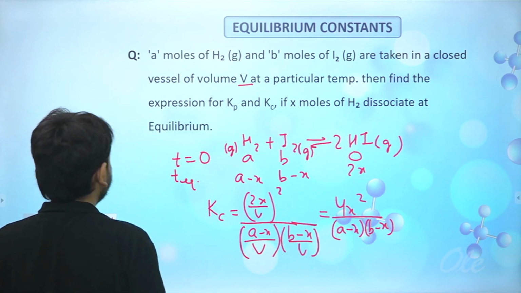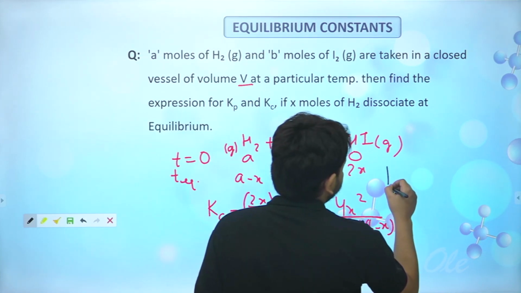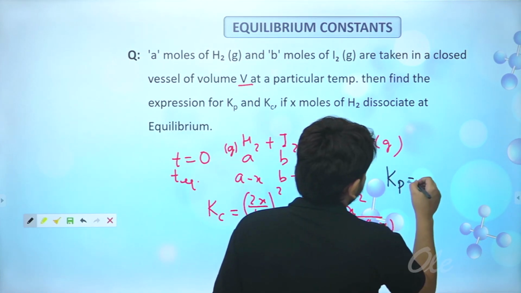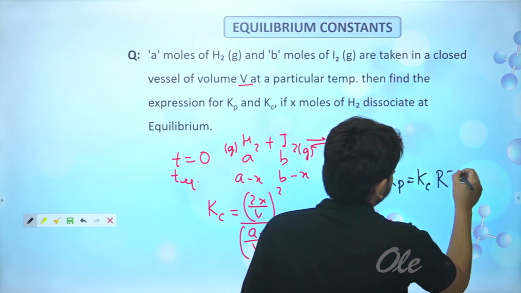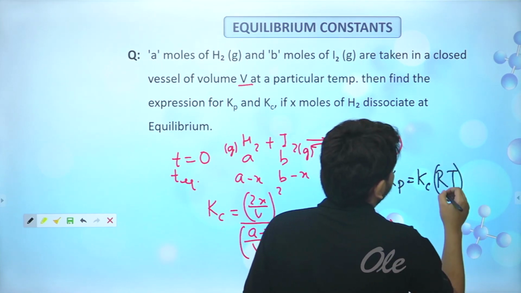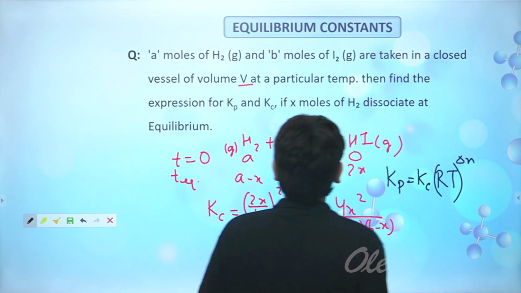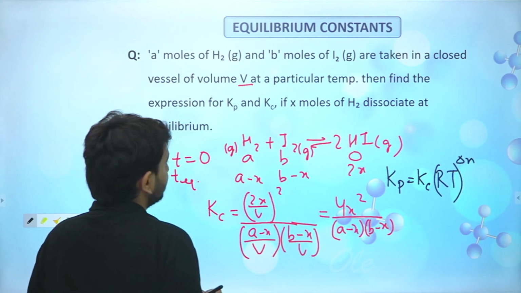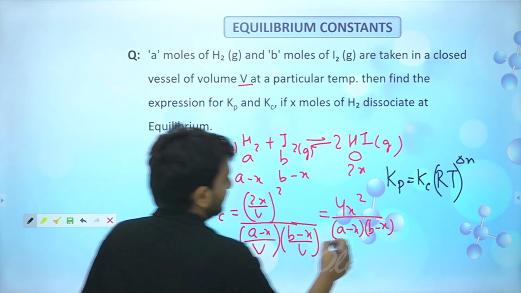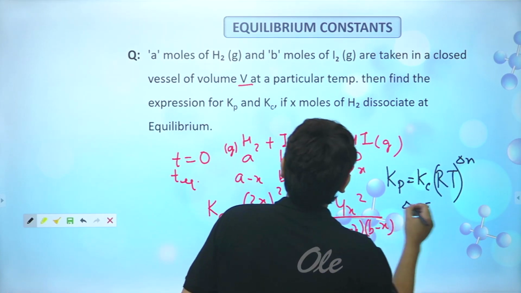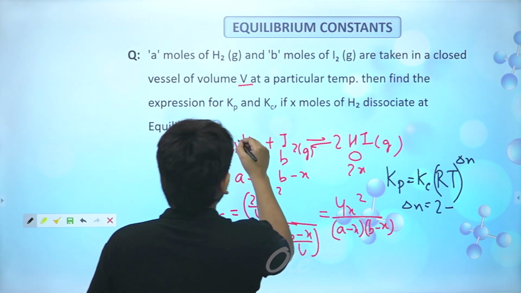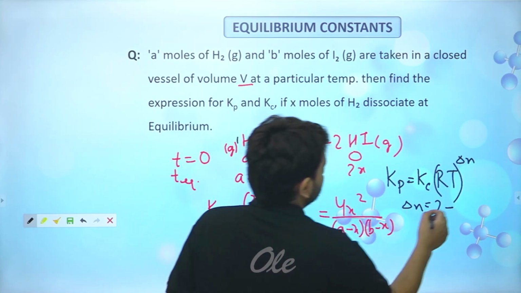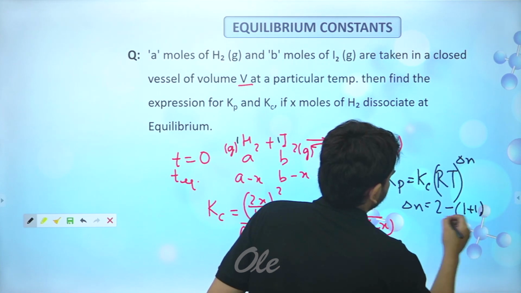Now if we have to write Kp, we know that Kp is Kc times RT raised to the power delta n. And what will be delta n in this case, guys? Delta n would be 2 minus 1 plus 1, that will be 0.